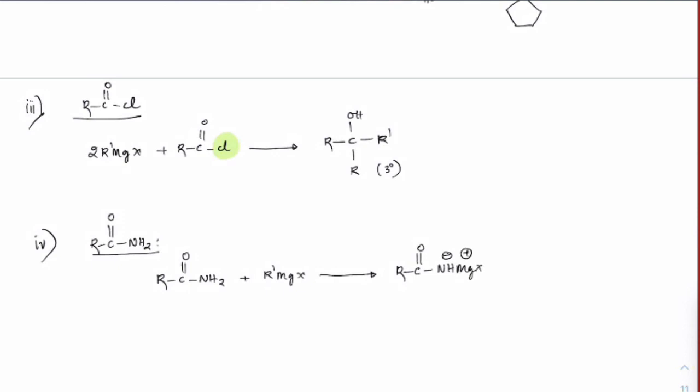This is the first thing formed, with R dash H. Reason being, there are protic hydrogens present here which are sufficiently acidic. So R minus will attack on this H, take away the proton and become R dash H.